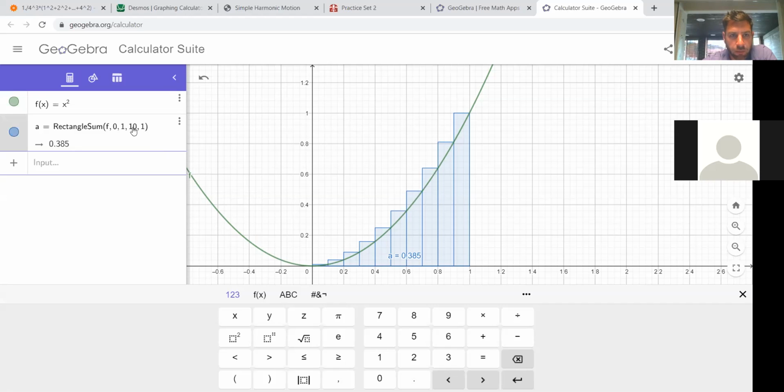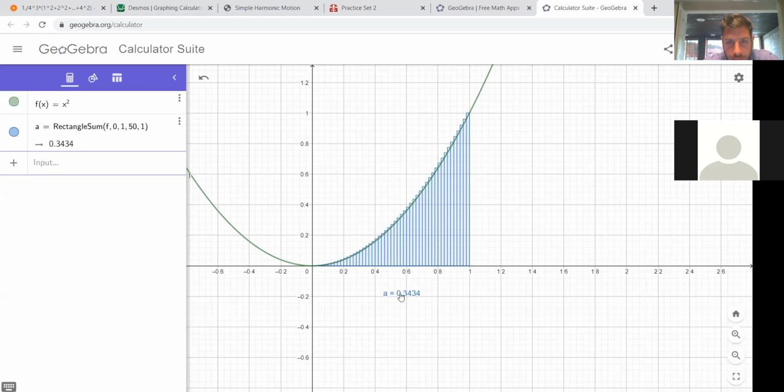And if I go from, say, 10 to 50, you'll see that to your eyes, if you pull your eyes far enough away from the screen, you might not even recognize that there are rectangles there. By the way, if you compute the area of the 50 rectangles, we got 0.3434.